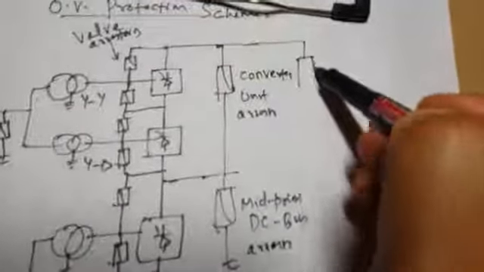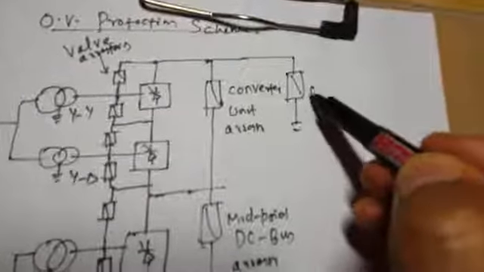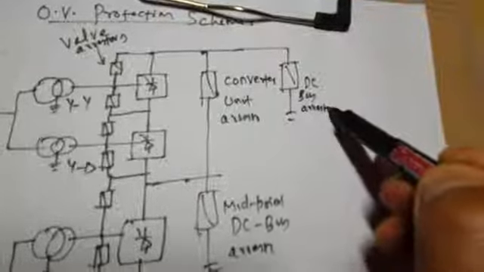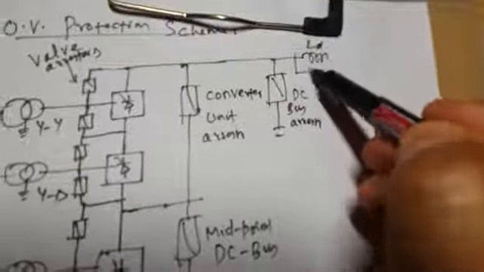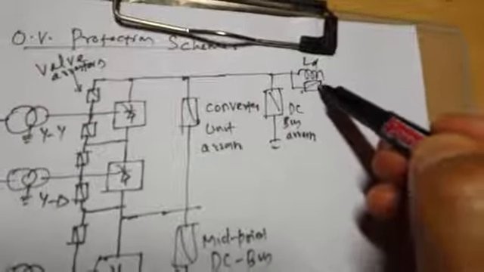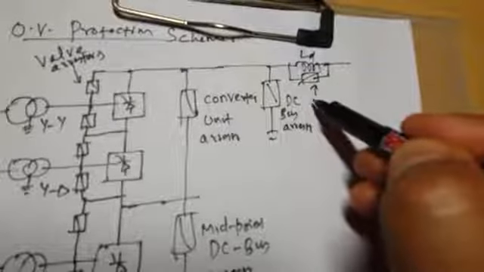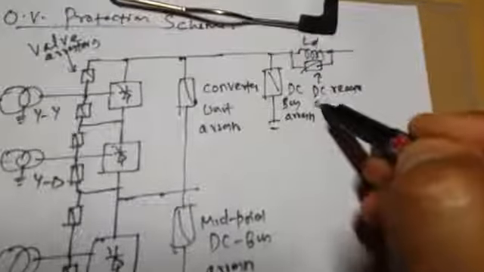Okay, fine. Then you have one arrestor here. It is called the DC bus arrestor. It protects the DC bus against over voltages. Then you have a line reactor, LD, and that LD is also to be protected against over voltages by this arrestor. So this is called the DC reactor arrestor.